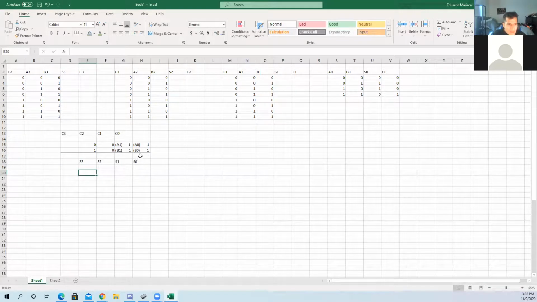So we have 1 plus 1 equals 2. That's 0, and we carry 1. That's 1 plus 1 plus 1 is 3, so that's 1, and we carry 1 over. This is 1. 1 plus 0 is 1, and then 1 in here. So the carryover here is 0, and the carryover here is 0.